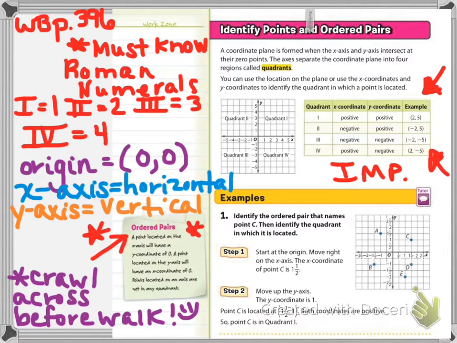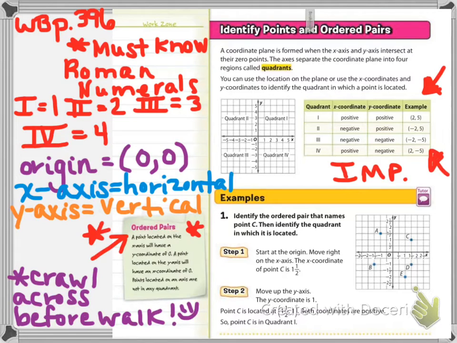We are in the workbook on page 396, and as a reminder, you must know the Roman numerals for the quadrants. So I've listed 1, 2, 3, and 4 so that you can remember this. Okay, you must be able to recognize and write the Roman numerals. The vocabulary for quadrants is there, but basically it's where the x-axis and the y-axis meet and form a coordinate plane.